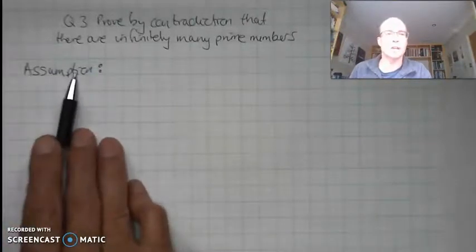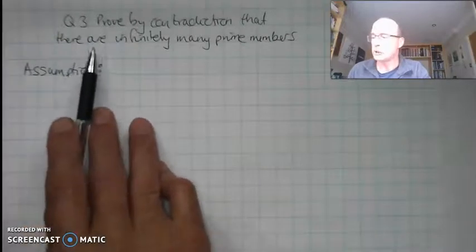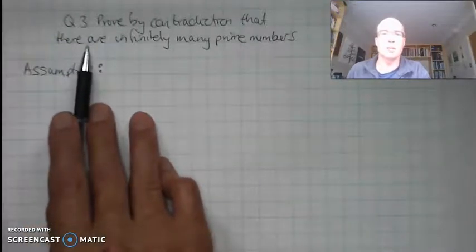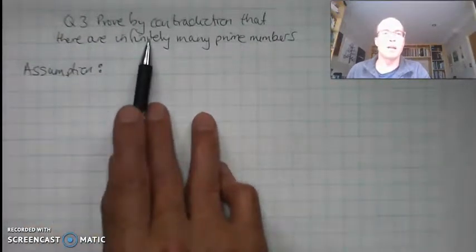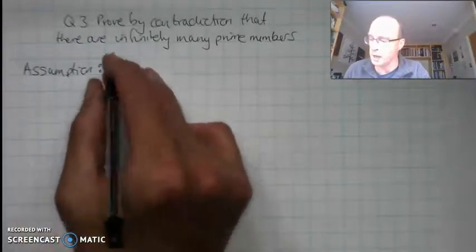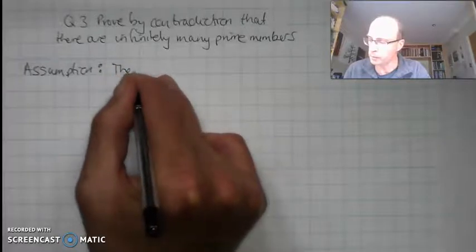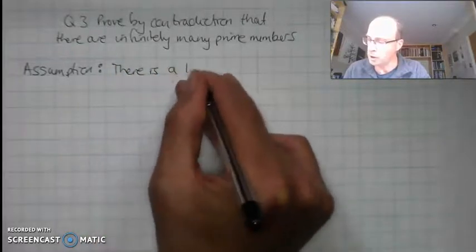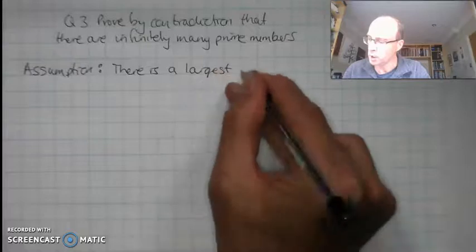So first things first, I need to state an assumption, and it's going to be opposite to the thing that I'm trying to prove. So rather than proving there are infinitely many prime numbers, I'm going to make an assumption that there is a largest prime number.